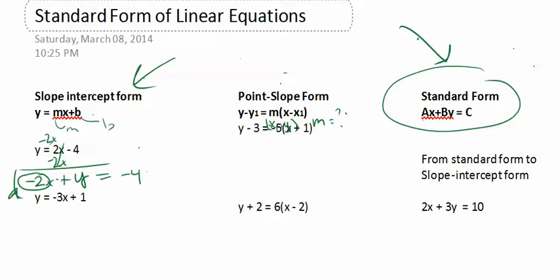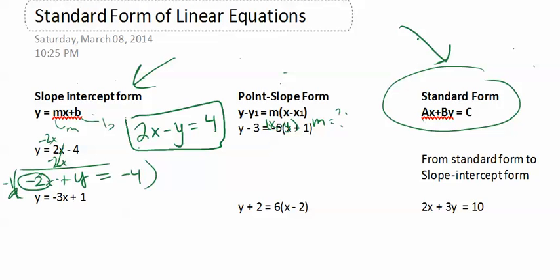So what I'm going to do is multiply this entire equation by negative 1, and all that's going to do is flip every sign, but it's going to make sure that a, the capital A coefficient, negative 2 will become 2. So that'll be 2x, and then now it's going to be minus y is equal to positive 4. And so this is the equation that we just looked at in standard form.